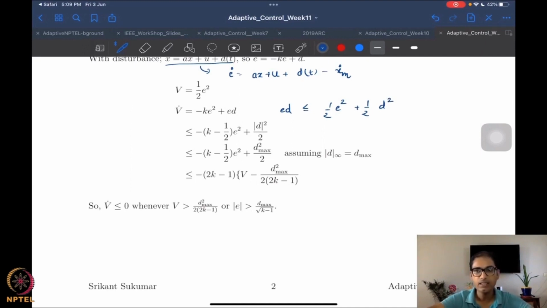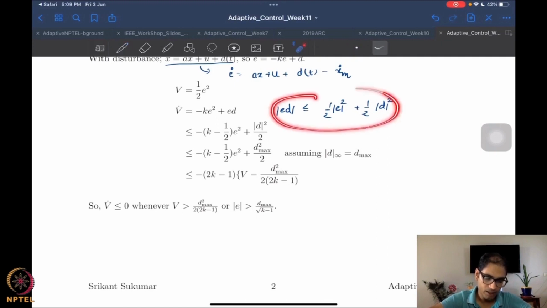This is the standard sum of squares, basically ab is less than or equal to a squared plus b squared. You can use the absolute value if you want, or there's a square, so it doesn't matter. I use this expression here, and I get minus k minus half times e squared plus the absolute value of d squared by 2.